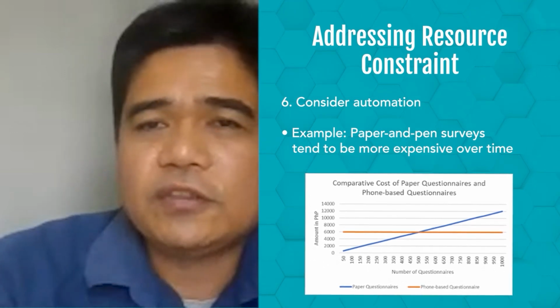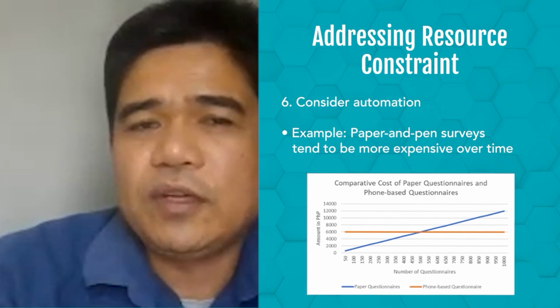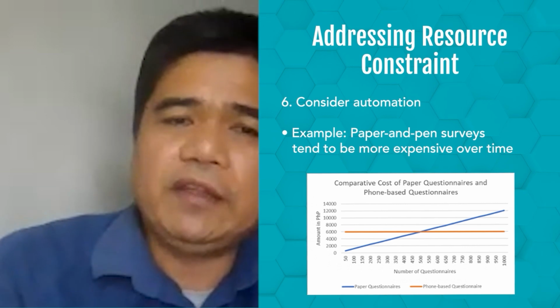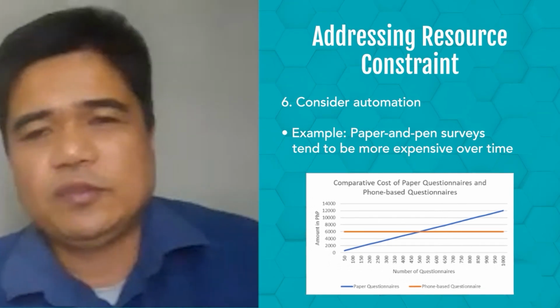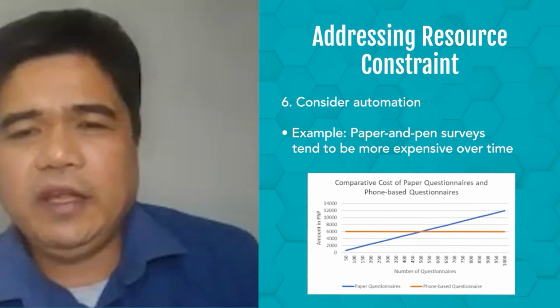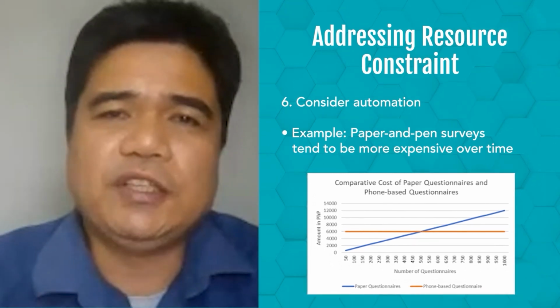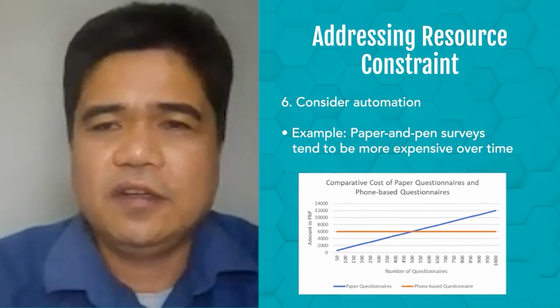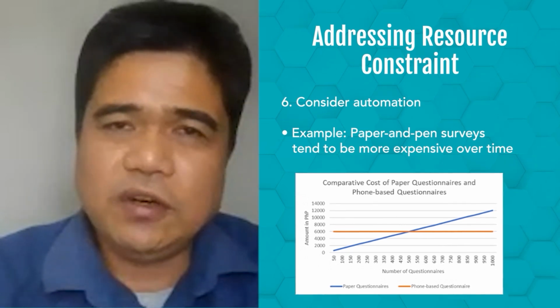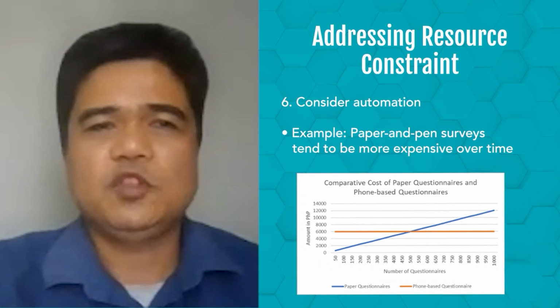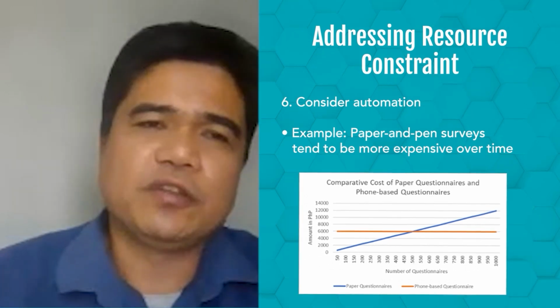Note that these costs do not include, for the paper questionnaires, the pens that will be used, and for the phone-based questionnaire, the charging of the device. So maybe we can consider automation.